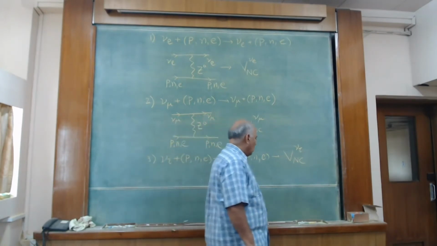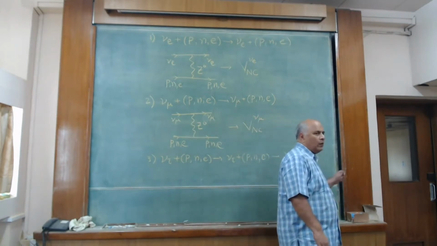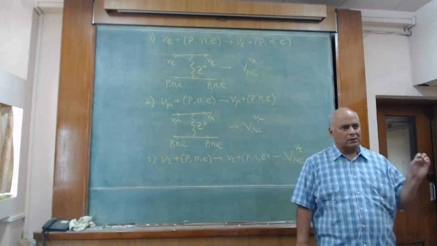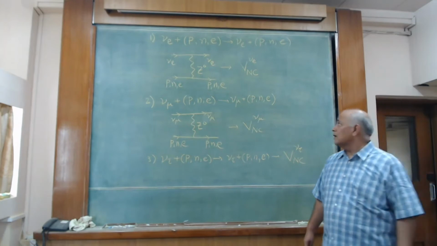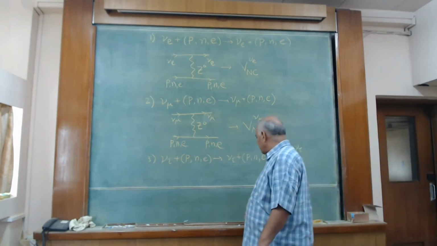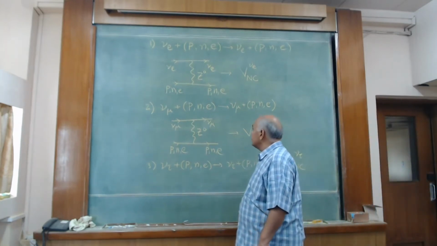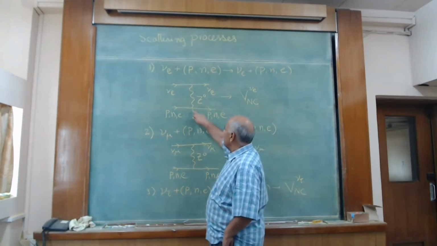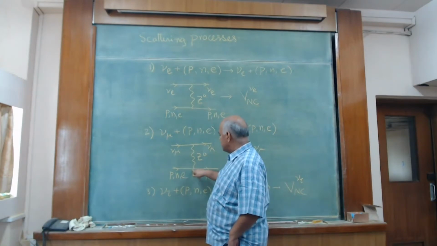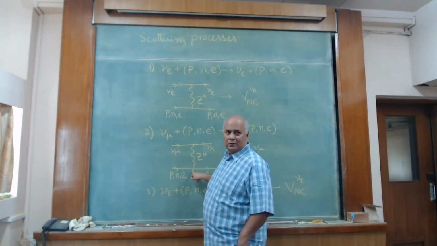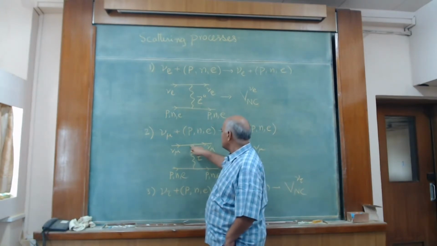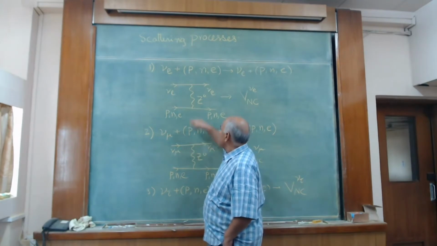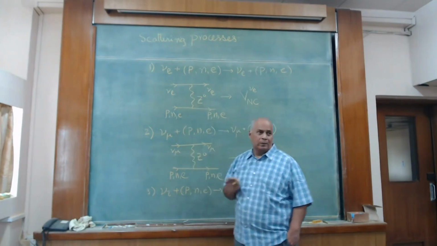Now one thing that electroweak theory tells us is that, if you look at this Feynman diagram, this vertex is exactly same as this vertex, whereas at this vertex, here there is a nu mu, there is a nu e.